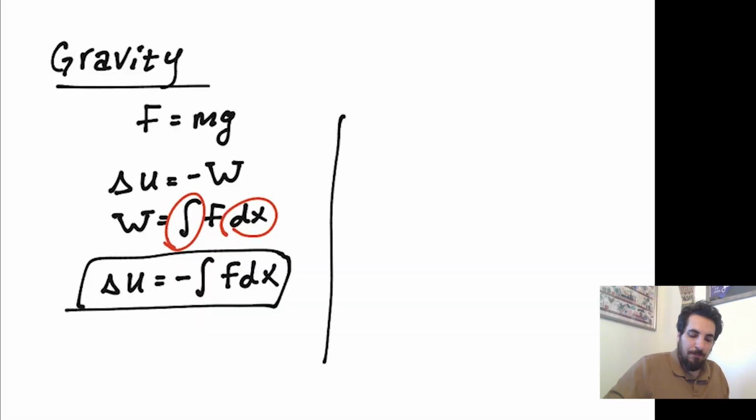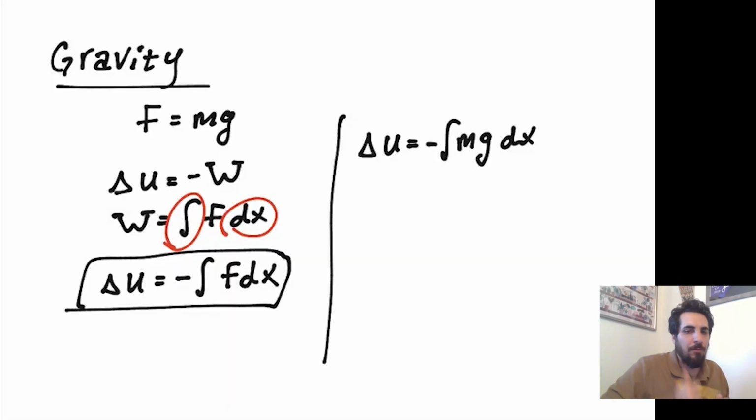With gravity, we can say that an object near the Earth's surface would have a force equal to the object's mass times acceleration due to gravity. And then we put our dx in here. But what do we know? We know objects don't typically change in mass, so that's a constant. We can pull that out of the integral.